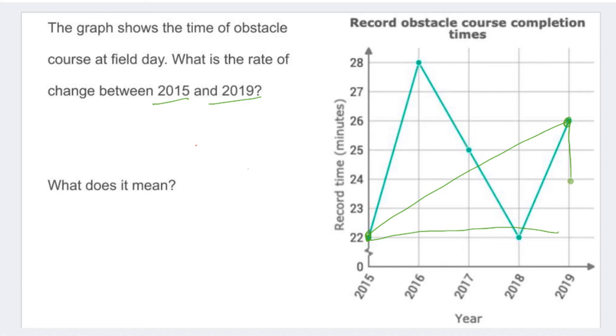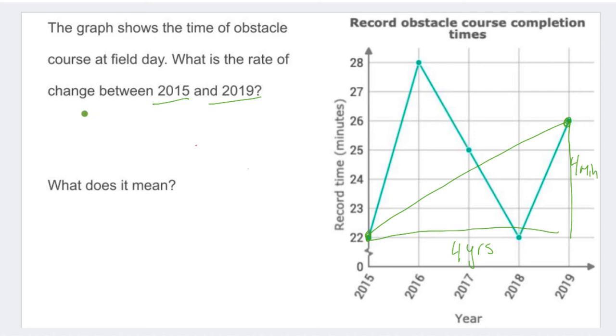So if we look at the slope triangle, it's increasing by 4 years, and the time goes from 22 up to 26 minutes, so 4 minutes.